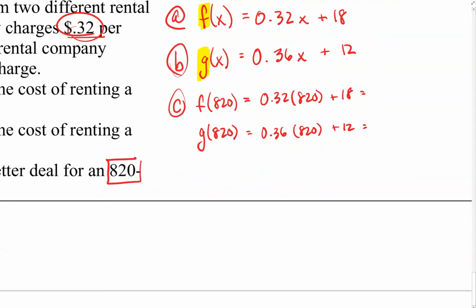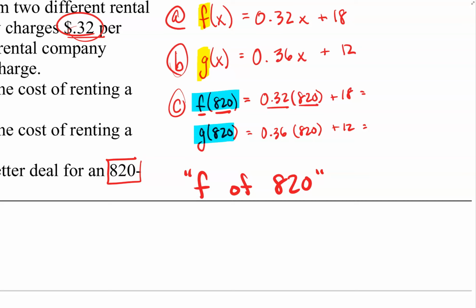Now, one last thing before I switch over to the calculator. I'm not sure if you heard the way I was describing this, but when I see this phrase f parentheses 820, I'm actually saying to myself and out loud, f of 820. That's just the language that we've adopted in most math classes. We're not saying that f is multiplying by 820. I know it may look like that because of the parentheses here.